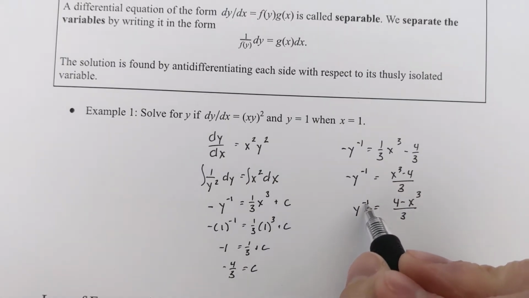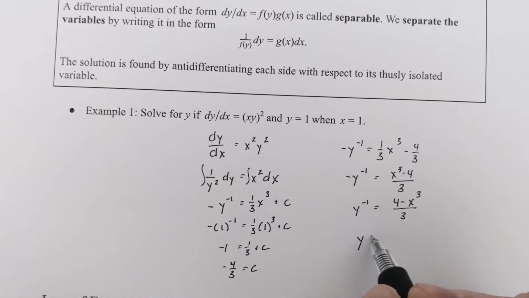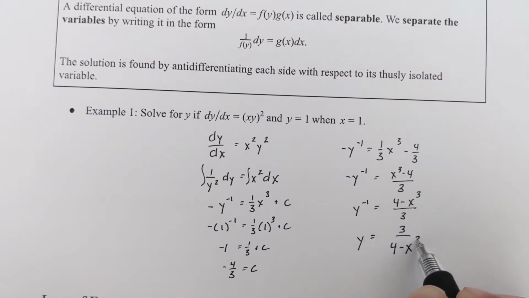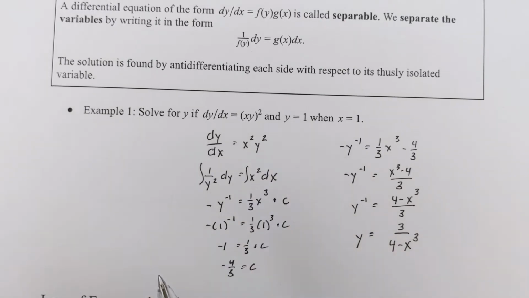To get rid of that negative first power, I can raise everything to the negative 1, which effectively just takes the reciprocal. So this function would have that derivative. And if we really wanted to check, we could actually work it out.